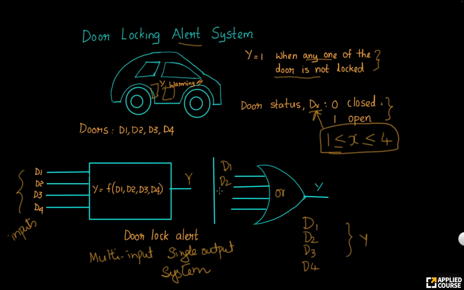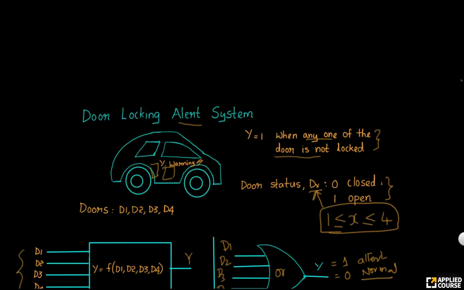D1, D2, D3, D4. If any one of the inputs is 1, the output is 1. Any one of the inputs being 1 means any one of the doors is open. Output is 1 means the alert is given. We would like to construct the truth table from the behavior of this system.